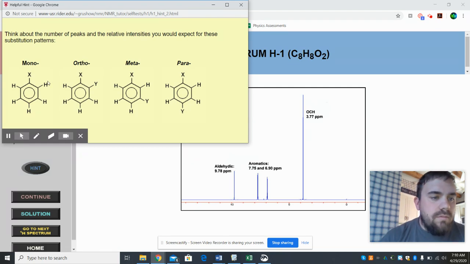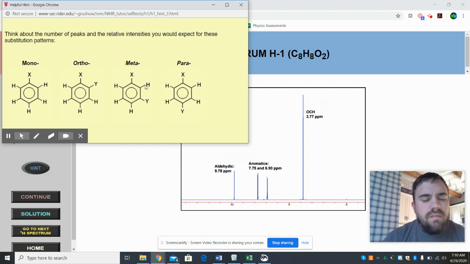It can't be mono, because that has only one substituent on the benzene ring. The ortho would be where this is the aldehyde and this would be the ether group. The problem with this is that each one of these hydrogens would not be chemically equivalent, because their surroundings are different.